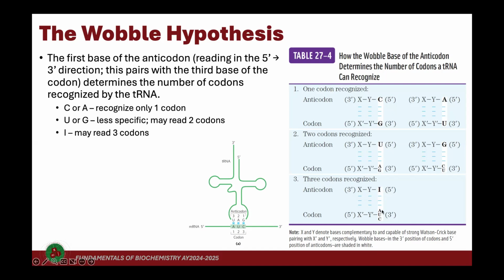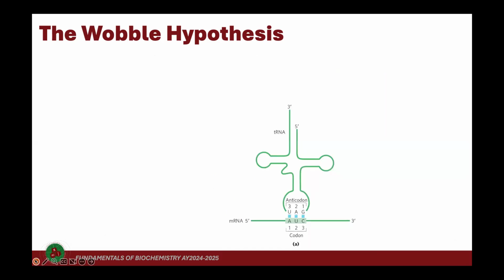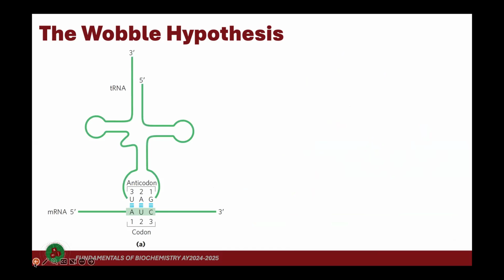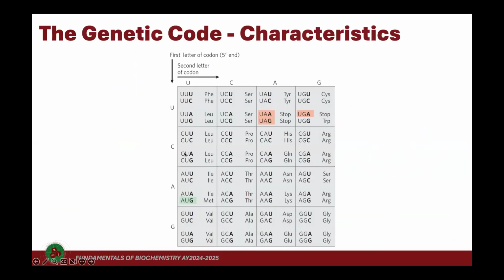So it can read either A or U or C. Which, if we go back to our genetic code table, could mean, and I'm not saying that it's a fact, but we're just applying the knowledge, that CUU, CUC, and CUA for leucine can be read by one tRNA molecule.